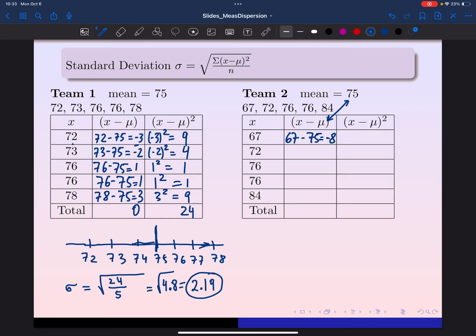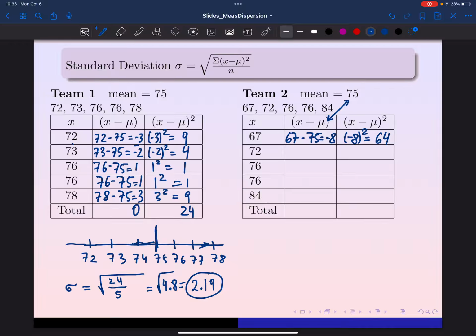If we look at the data set, we would put 67 right here, and 67 is 8 units to the left of the average 75. That would be this minus 8. Now we take minus 8 and square it, which is 64.